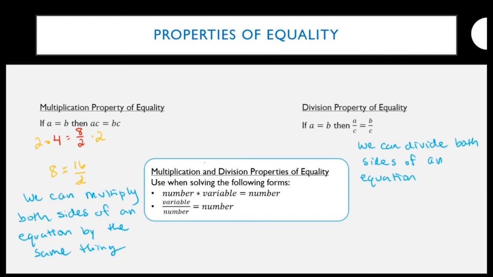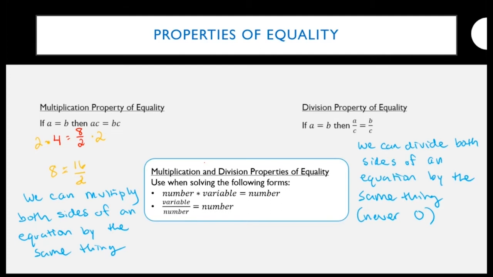But the thing is, we never divide by zero. Because if you divide by 0, you get undefined. So we can divide by anything except 0.